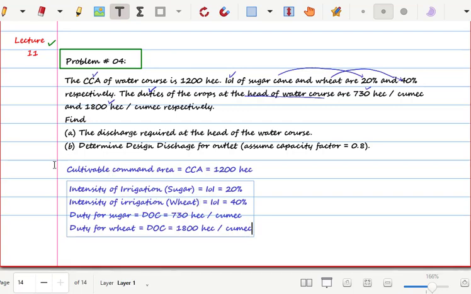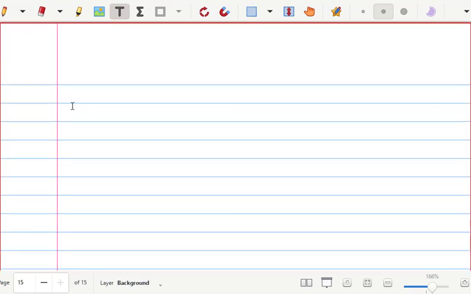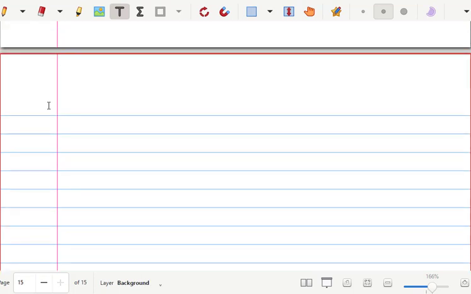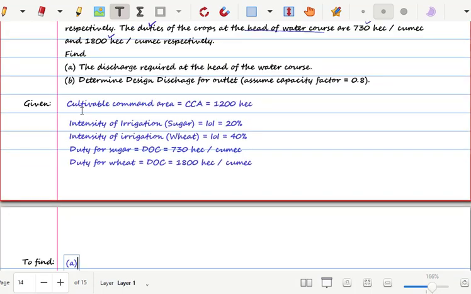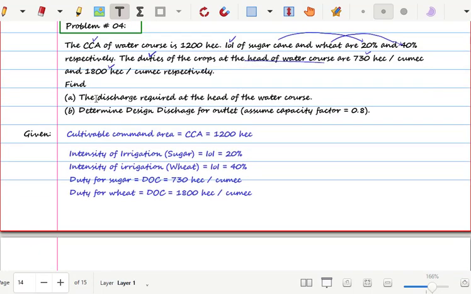And what are we supposed to find? Given data like this, we are supposed to find, first thing, the discharge.